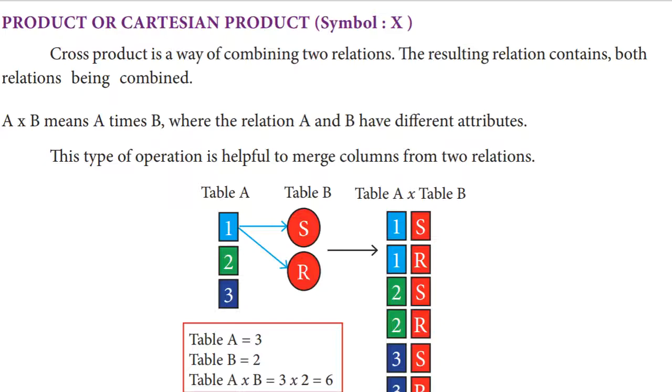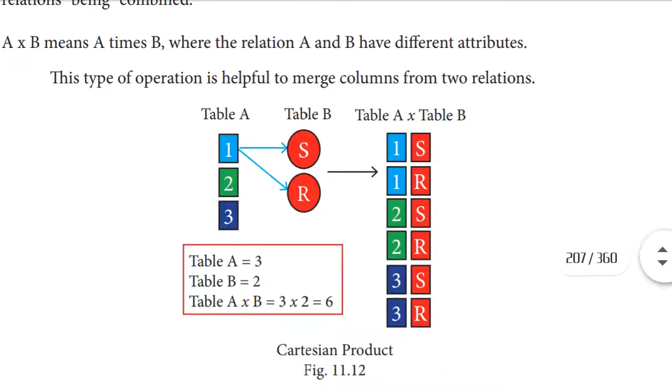If you see the resulting table, we have both table A and table B. How can we do this? A into B. That means A product B means A times B, where relations A and B have different attributes. Actually, table A has different attributes and table B has different attributes. So here they have given one diagram.